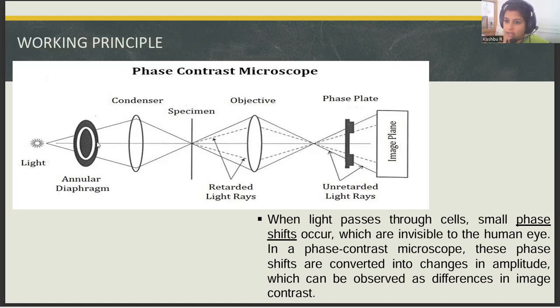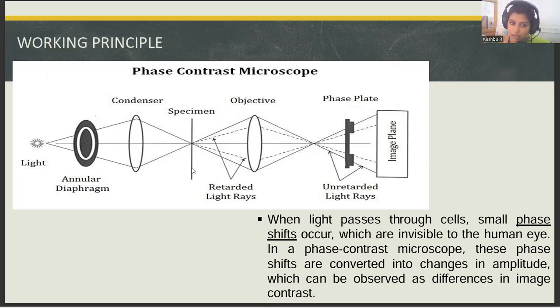The diaphragm has the ability to control the intensity of light that has to pass through the specimen. The condenser, situated just above the diaphragm, will condense all the light coming from the diaphragm. This condenser has no ability to control the intensity of the light, but just narrows down all the light coming from the annular diaphragm towards the specimen so that no light is wasted.